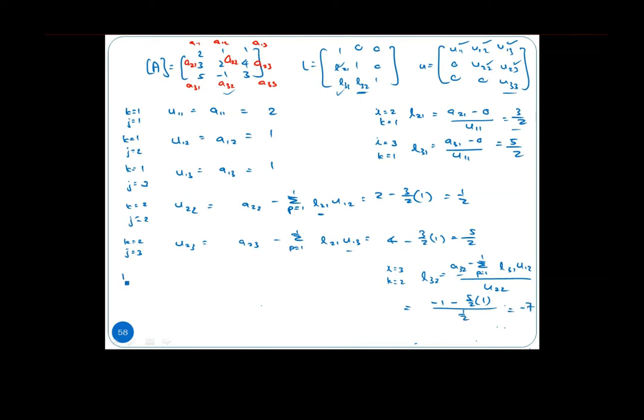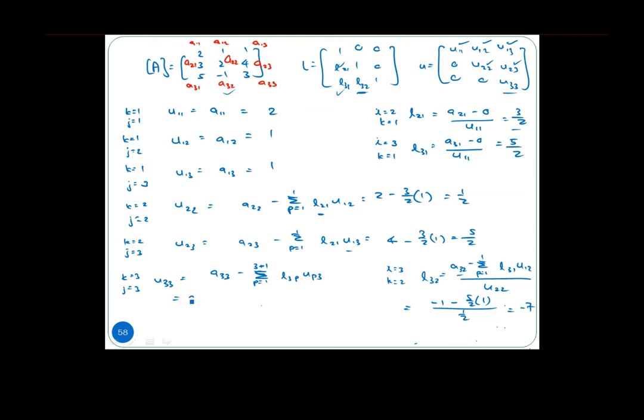So at the end, we can find our K equals 3, J equals 3, U33. So we have A33 minus, P equals 1 to 3 minus 1, L3P UP3.